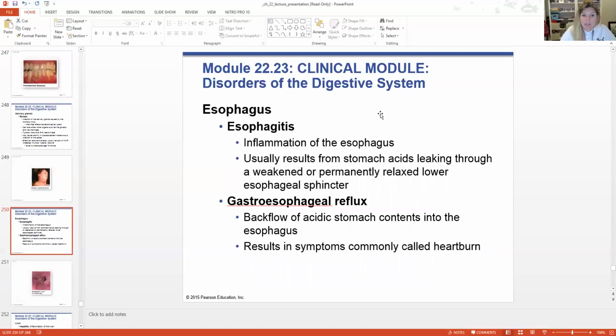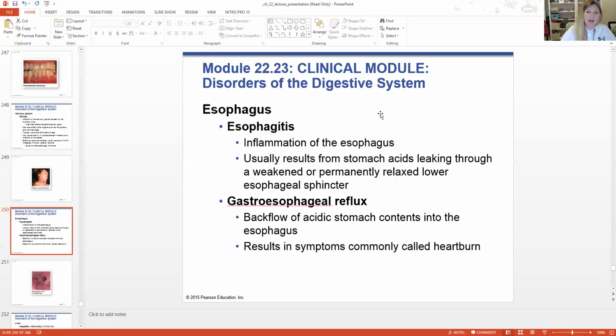In the esophagus, there's esophagitis. This is simply an inflammation of the esophagus. This is typically caused through something like gastroesophageal reflux, where the acid in the stomach is coming up through that cardiac sphincter and damaging the epithelium of the esophagus.